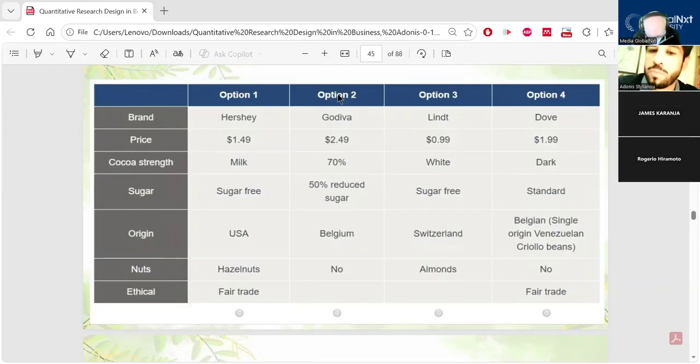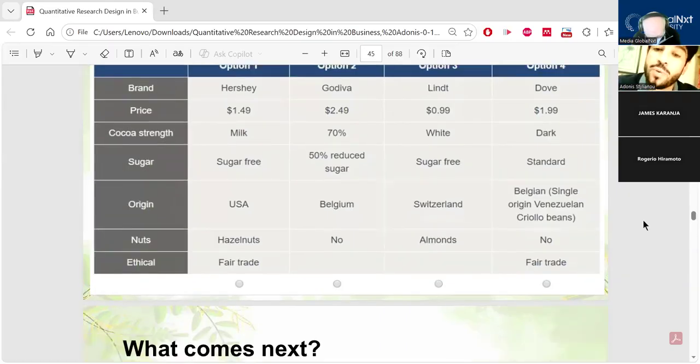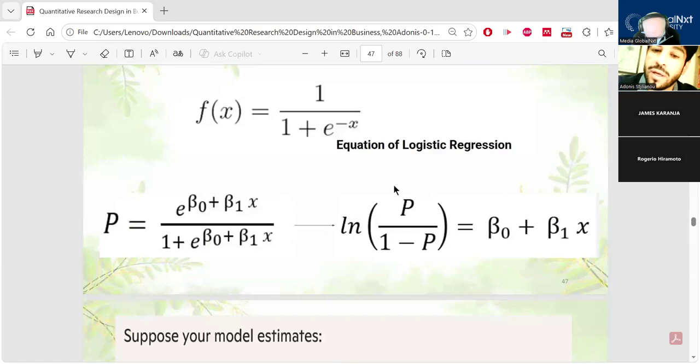The second one will be comparing the probability of choosing option 2 as opposed to doing nothing, then probability of choosing option 3 as opposed to doing nothing, etc. So you have 4 linear regressions within one equation.